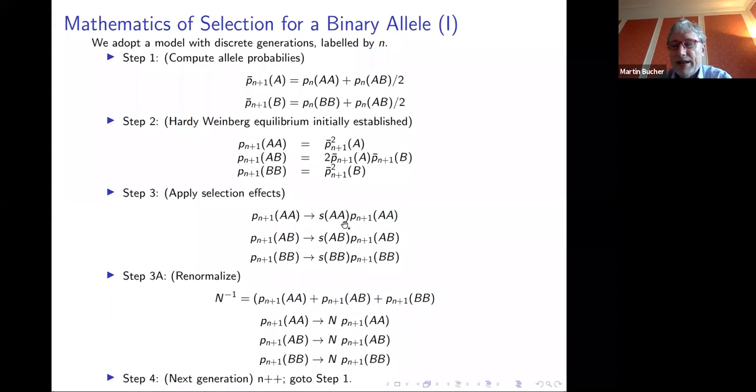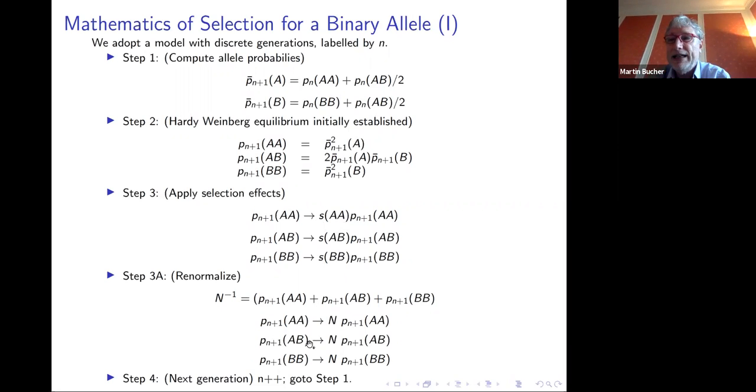So basically, this is the survival probability of the homozygous AA, the heterozygous AB, the homozygous BB, etc. And we're also going to renormalize.